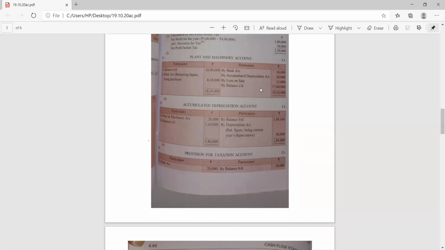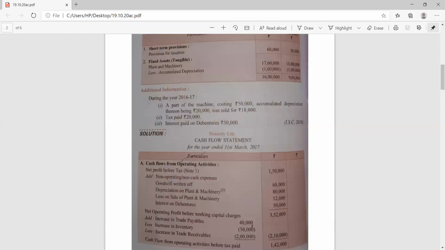Now, the additional information given to us is that we are selling a part of a machine at rupees 18,000. 18,000 is your selling price. I can show you, it is given over here. It is sold for 18,000, costing rupees 50,000, and depreciation on it 20,000. It means 50 minus 20, the value remaining is 30,000.